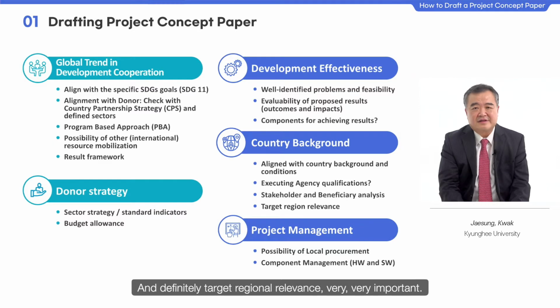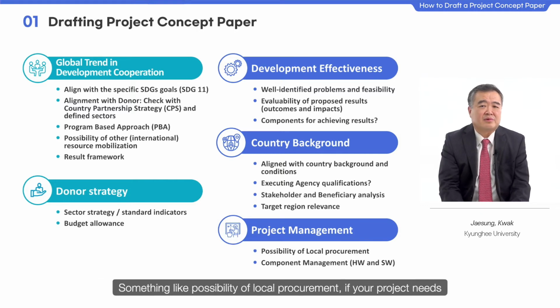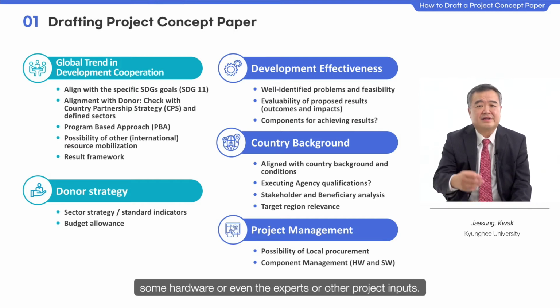And definitely target region relevance, very, very important. And finally, project management side consideration should also be well shown. Something like possibility of local procurement if your project needs some hardware or even the experts or other project inputs.